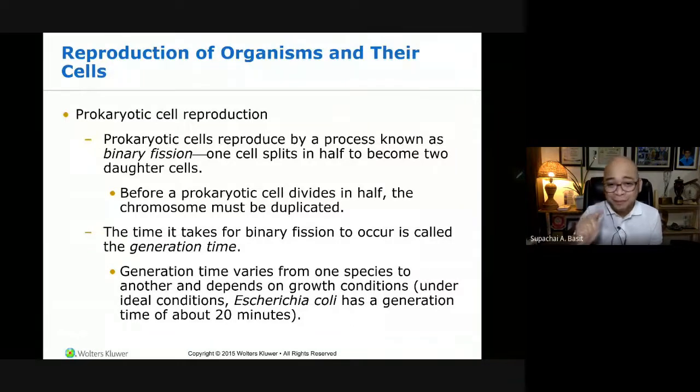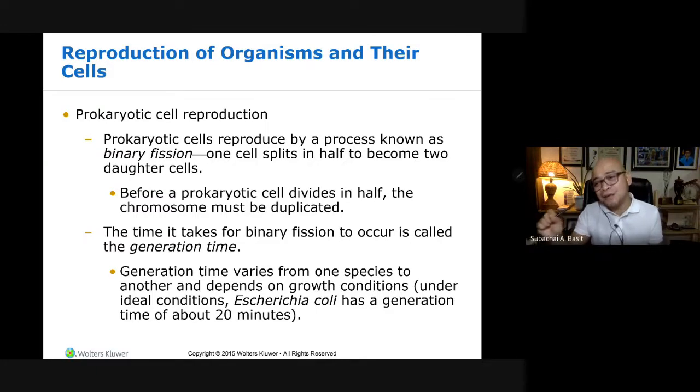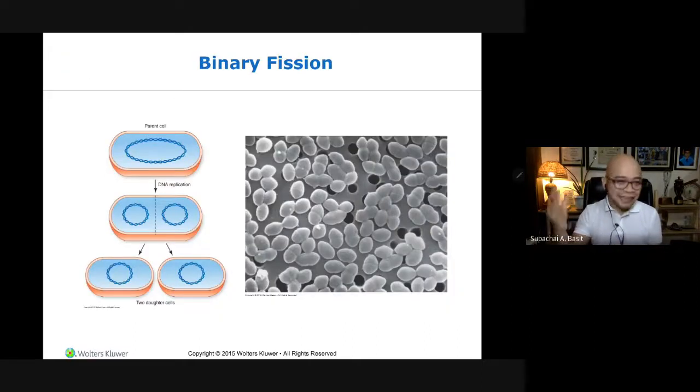For example, if the condition is optimal, Escherichia coli will have a generation time of about 20 minutes. What does it mean? It means that every 20 minutes, Escherichia coli will double its population, because that is its generation time in optimal conditions. So this is how simple binary fission is.